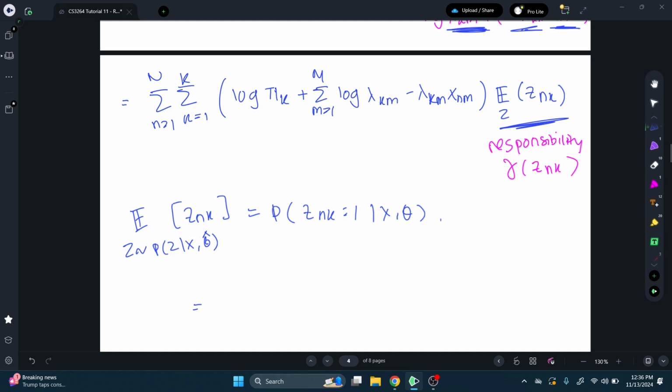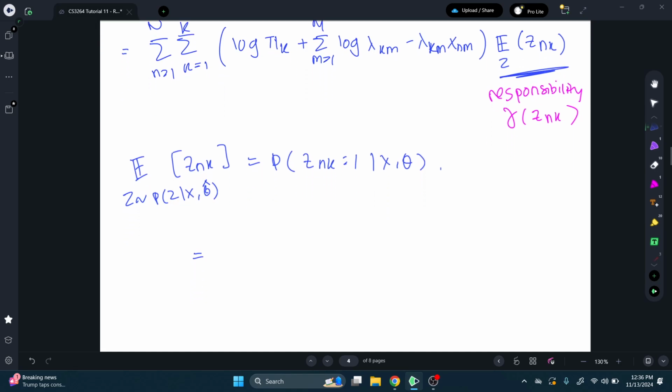We can expand this further. It will be based on how the current set is distributed for your k. So this will be your prior of k, times your likelihood, which is the exponential of x_nm given lambda_km.